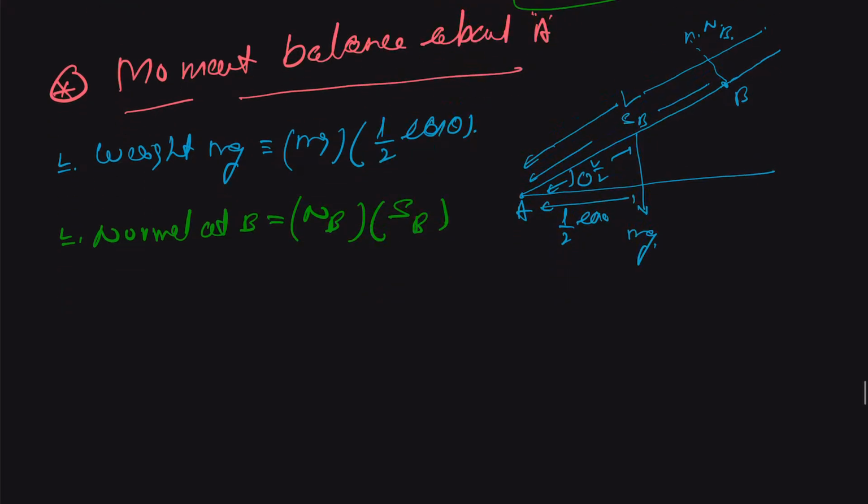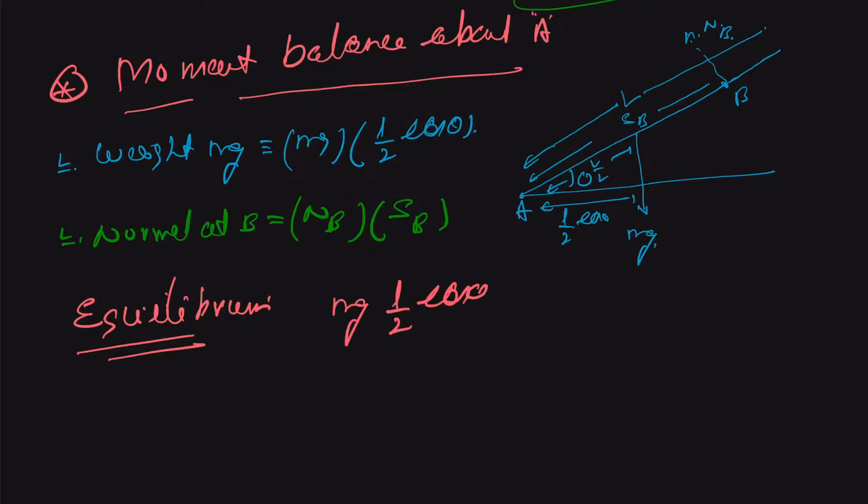And for equilibrium, we can write that mgL by 2 cos of theta will be equal to NB multiplied by S of B.